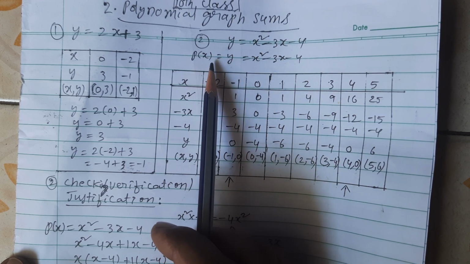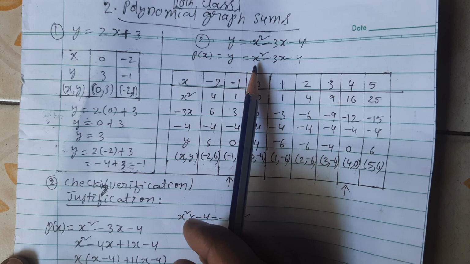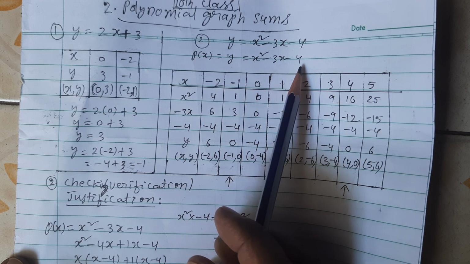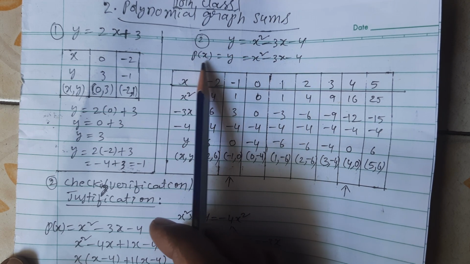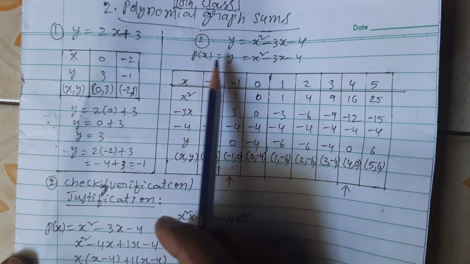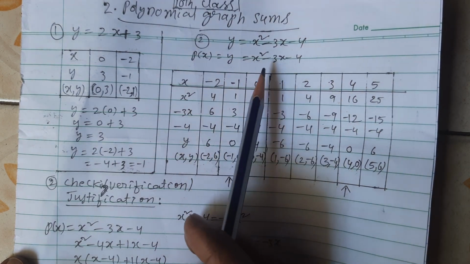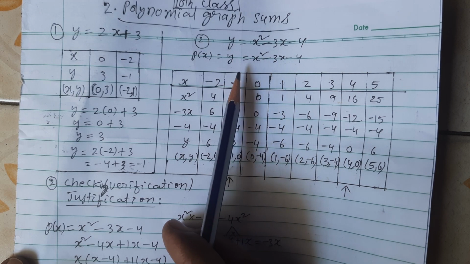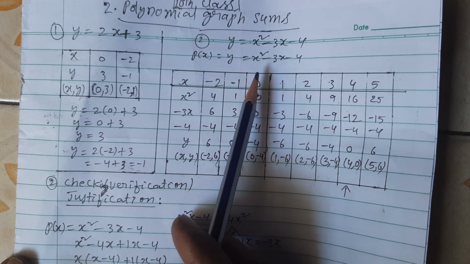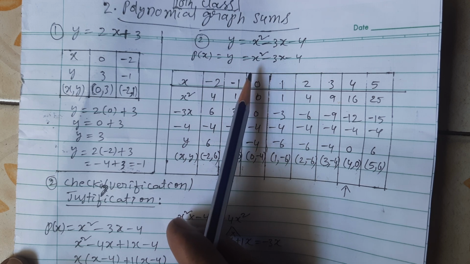Generally we take p(x) = y = x² - 3x - 4. p(x) means the polynomial is represented like that; either y or p(x) you can write. To get the points we need to take many points so that it covers more of the parabola.